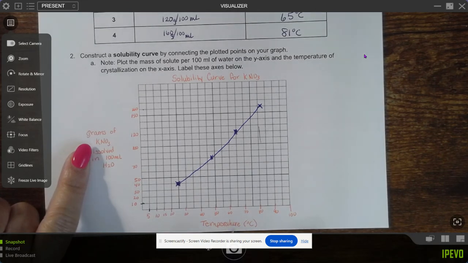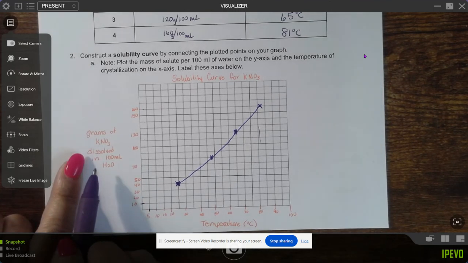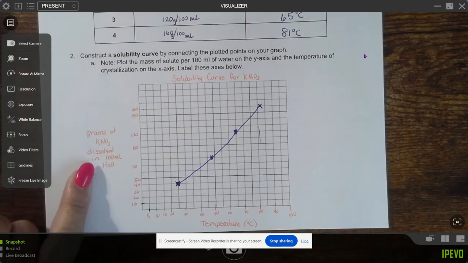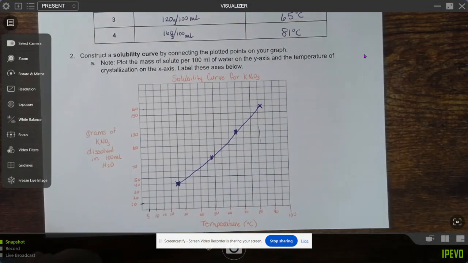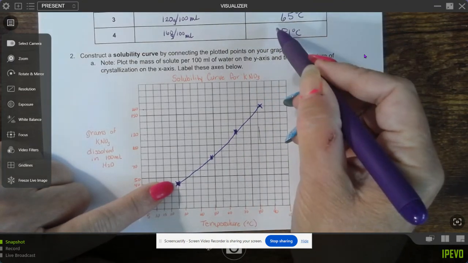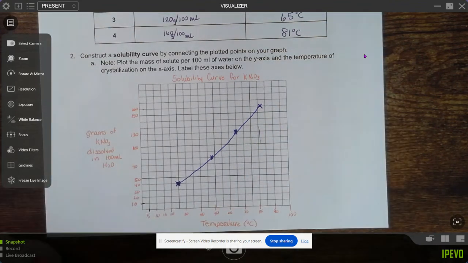In this case, we're plotting temperature in degrees Celsius on the x-axis and grams of potassium nitrate dissolved in 100 milliliters of water on the y-axis. As you can see, I've plotted my points. Make sure you plot the actual points from your data collection. Then I just want you to draw a line connecting the dots. It's not necessarily a line of best fit, just a line that connects the dots.